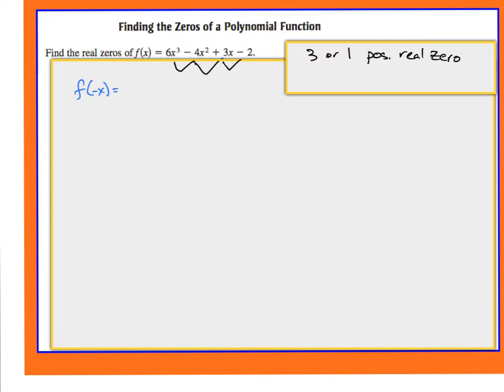So if I substitute a negative x, this would be a negative 6x cubed, this would still be a minus 4x squared, this would be a negative 3x, and this would still stay a negative 2. Do I have any sign changes? No. So what that tells me is I have 0 negative real zeros.